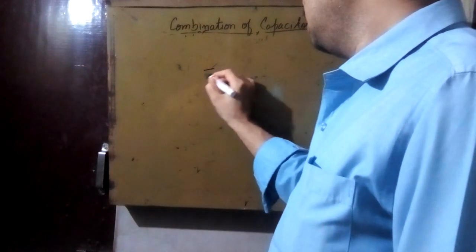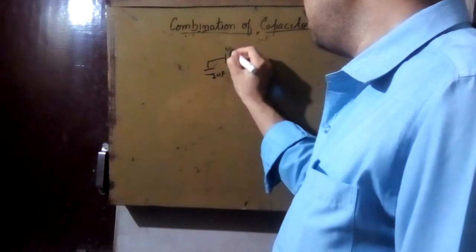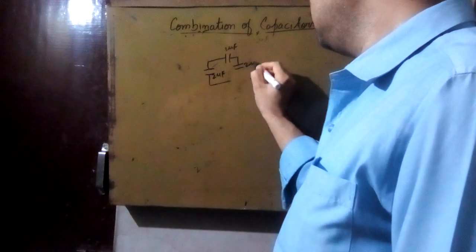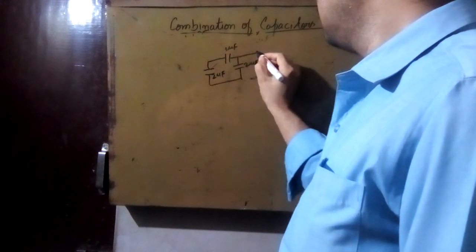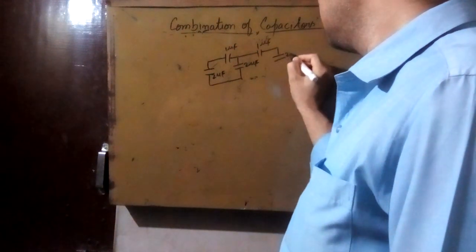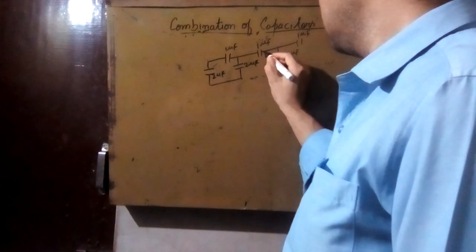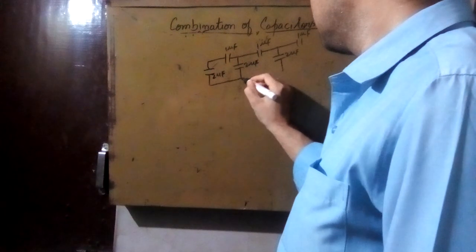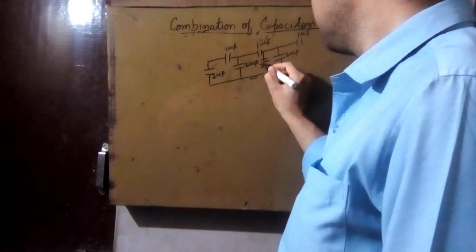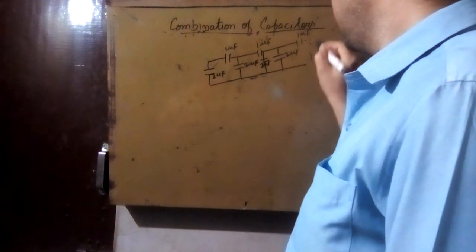Suppose a pair of 2 microfarad and 1 microfarad appear continuously. How will you solve this one? 2, 1, 2, 1, and in this way here 1 will come, and in this way the combination is repeating.